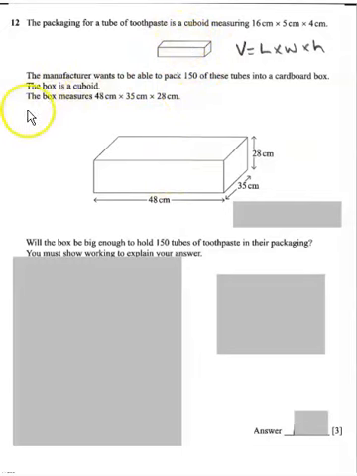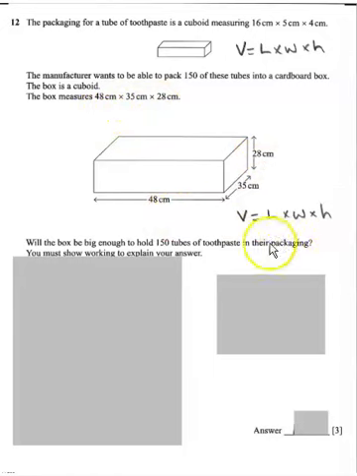The box is a cuboid. The box measures 48 by 35 by 28. And that one there is the volume again, length times width times height. So the question says, will the box be big enough to hold 150 tubes of toothpaste in their packaging? You must show working to explain your answer.